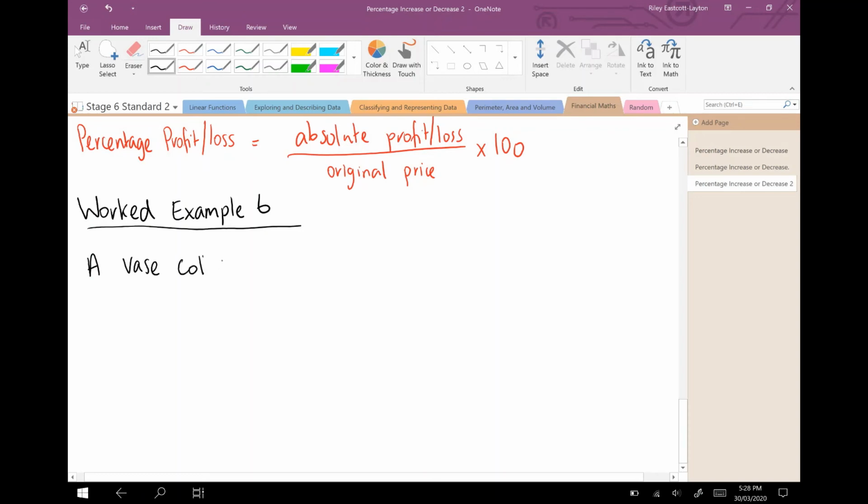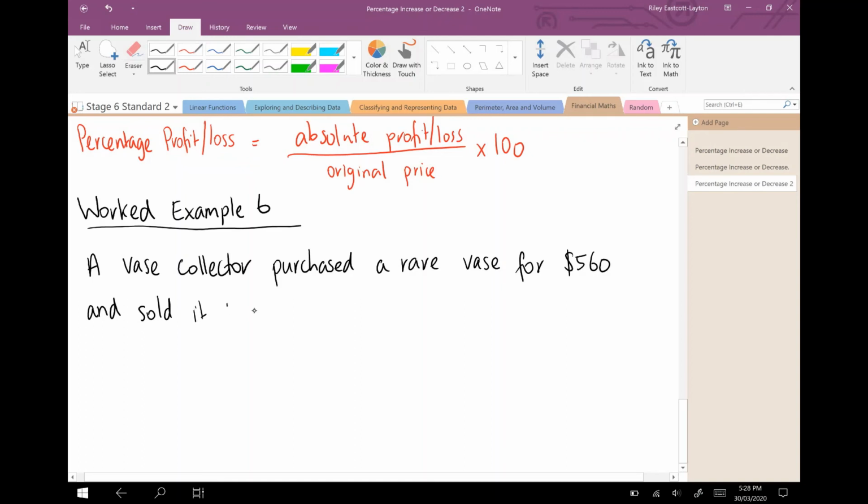A vase collector purchased a rare vase for $560 and sold it 10 years later for $680.